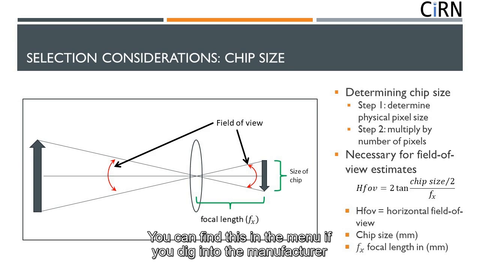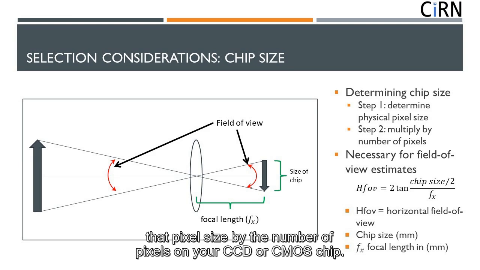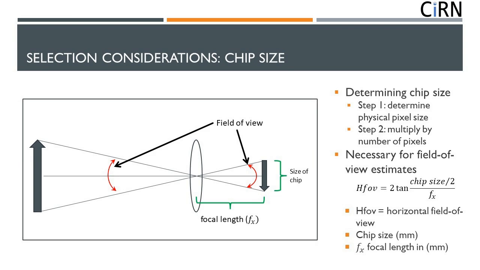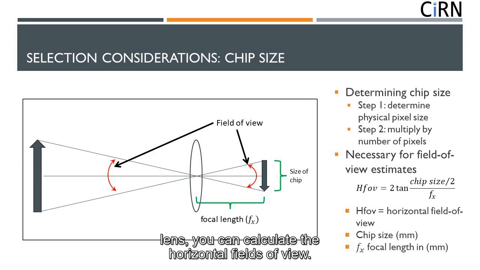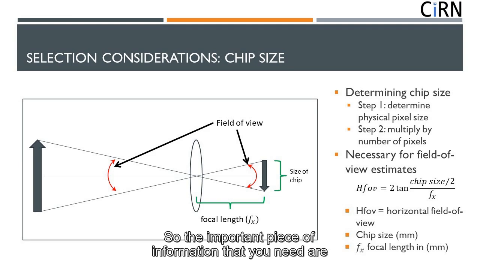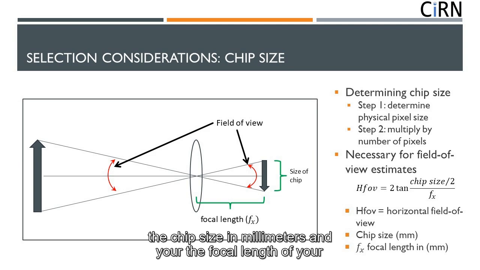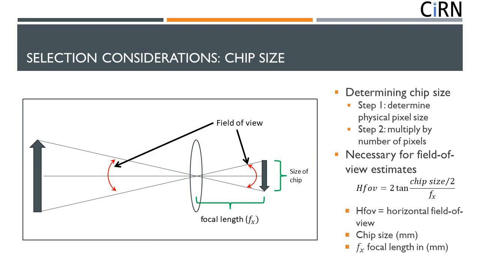And then the second thing that you need to do is to multiply that pixel size by the number of pixels on your CCD or CMOS chip. From that information, along with the focal length of your lens, you can calculate the horizontal field of view. So the important pieces of information that you need are the chip size in millimeters and the focal length of your lens in millimeters to get your horizontal field of view.